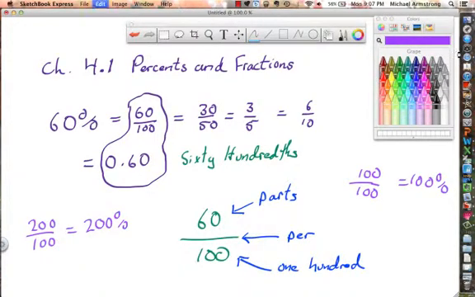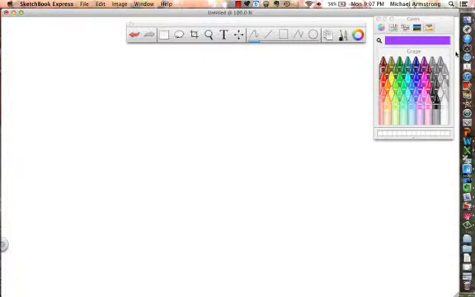The book likes to give you these little boxes that stand for 100, and for one, it stands for one whole. So this is like 1 whole. And if you break the box up into 100 pieces, I don't know if I can do this, so bear with me.